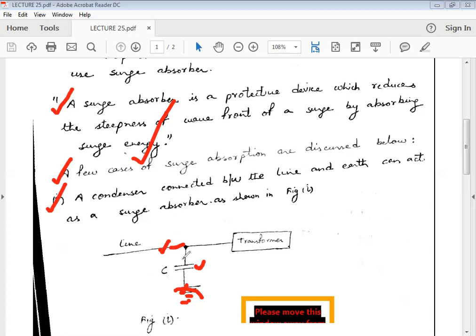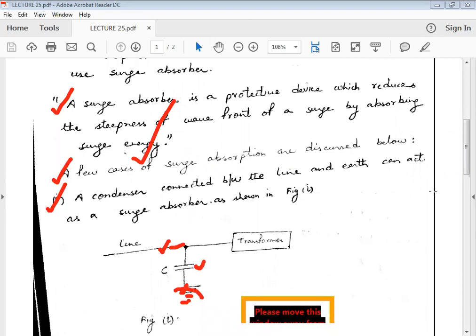In this way, it provides protection to the transformers against traveling waves and high frequency surges. This is the first category of protection, named condenser or capacitor protection to the transformer against surges in case of surge absorption.